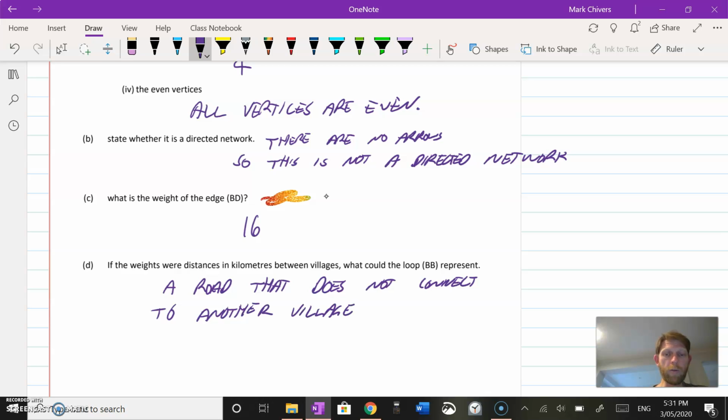Now that could be like a tourist route, it could be a road up to a lookout or something like that, or it could just be a road that goes out to some farms around the area, but doesn't actually connect to any other towns. It just connects to farms and people who live in that area.